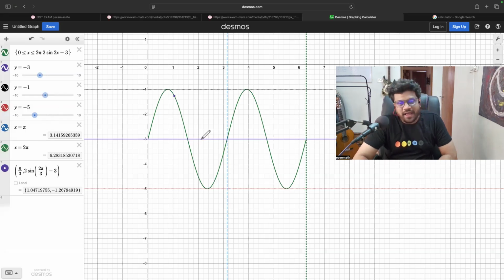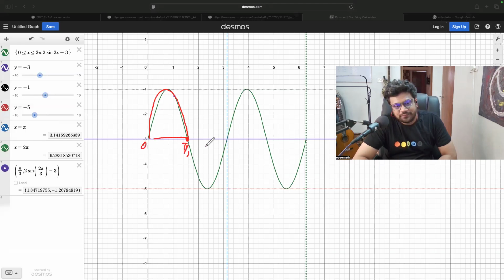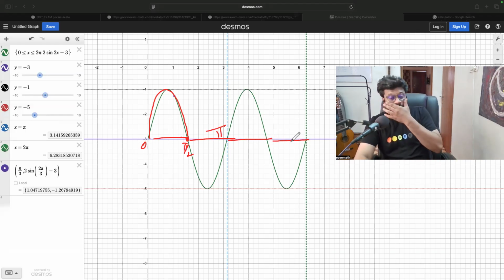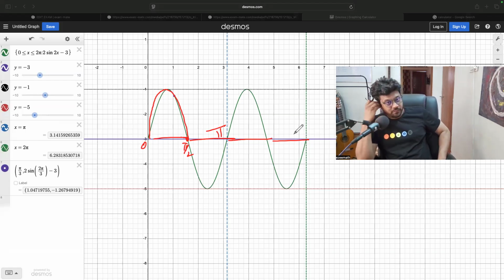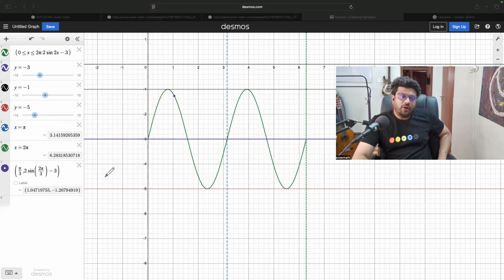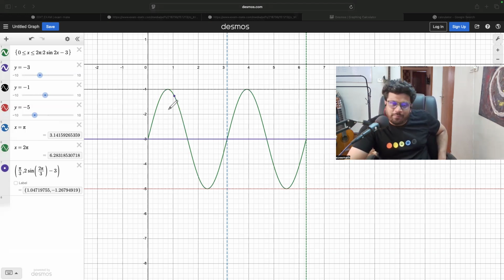If the period was pi, I made sure that one half of the wave is between 0 and pi by 2. Another half between pi by 2 and pi. And it goes on like that. Proper symmetry it follows. Also, I would like you to see the parts of this wave, from this part to that.